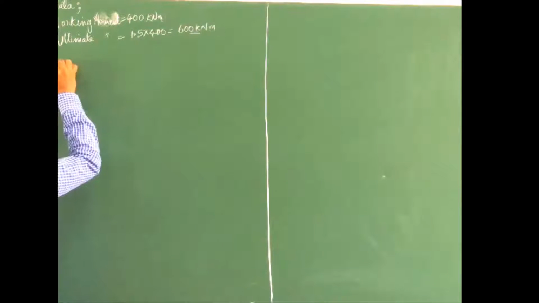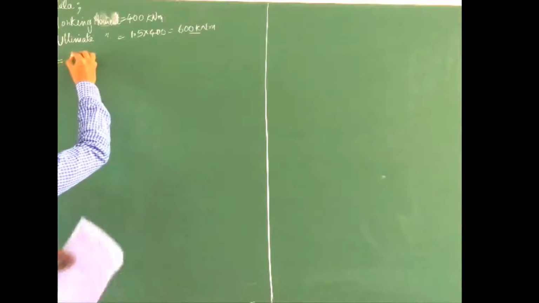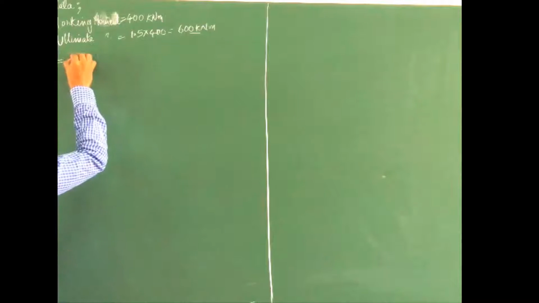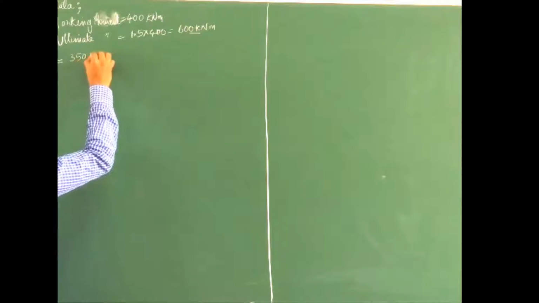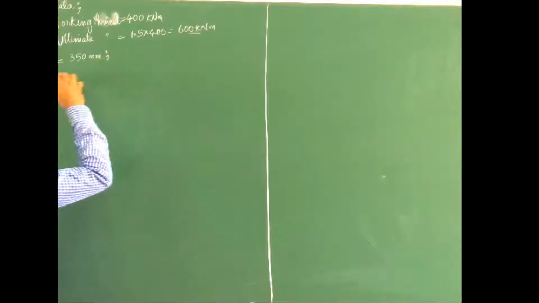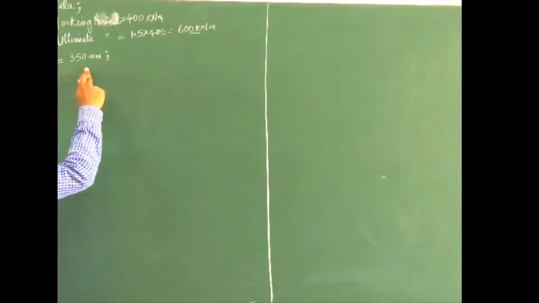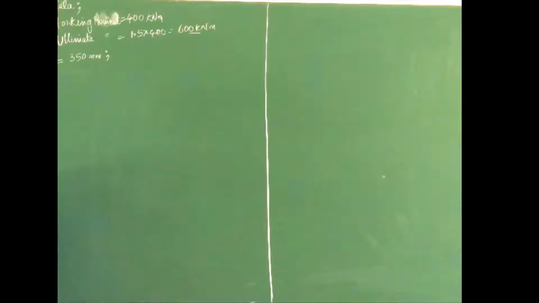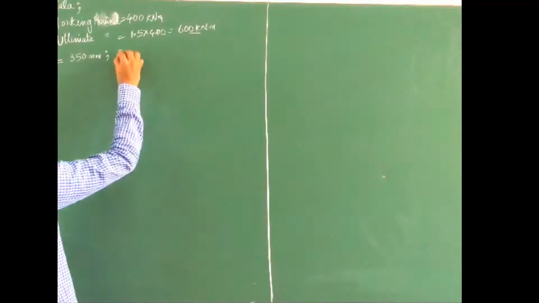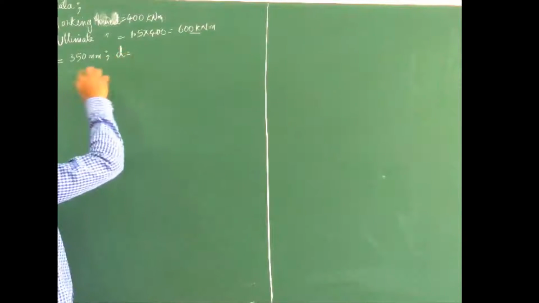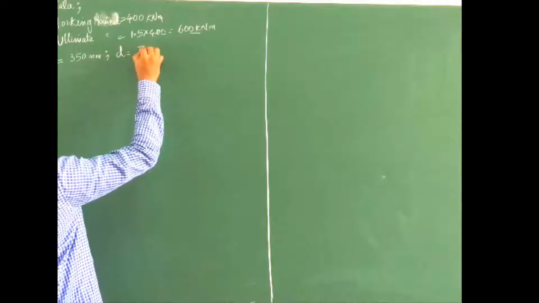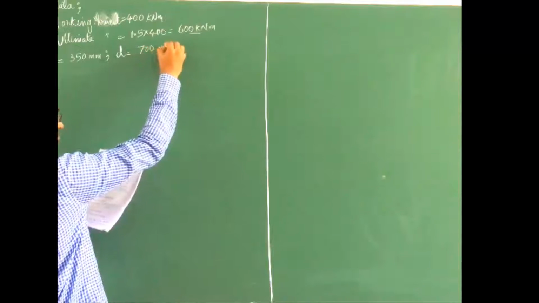Also given the breadth of beam as 350 mm. Here I am writing B equals 350, but in your exam, what B is also you have to mention. B is the breadth of beam. D is the effective depth of beam. How much? It is 700 mm.